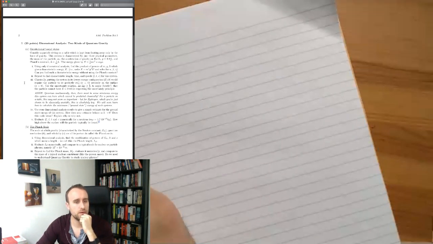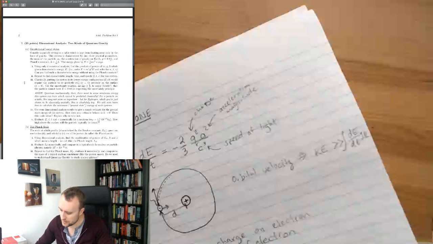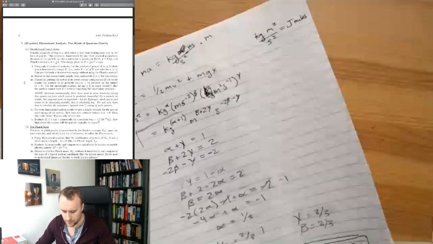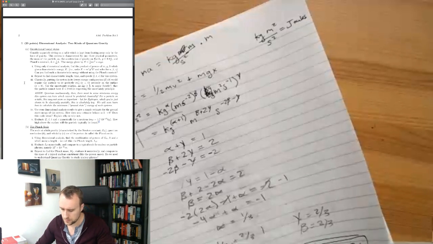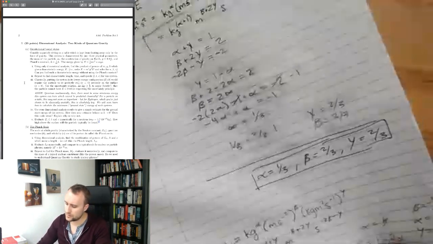Well, I'm assuming the ground state is on the order of the dimensional analysis result. The coefficients of that were 1/3, 2/3, 2/3.